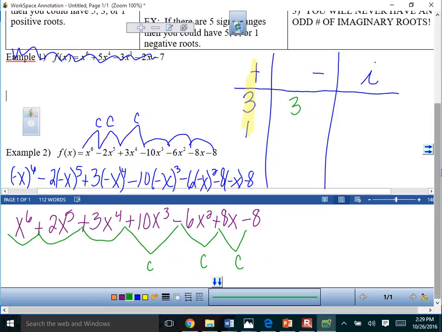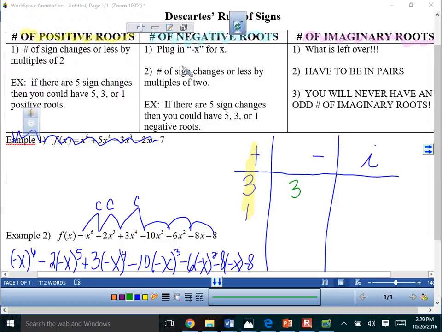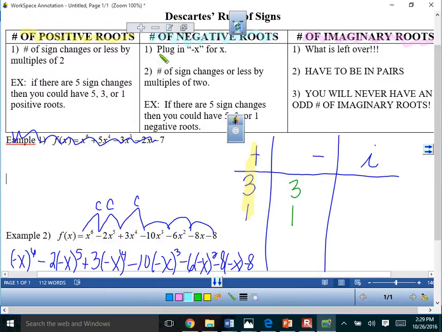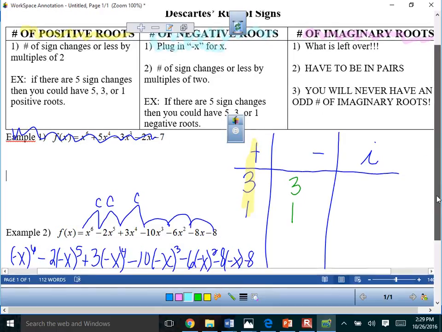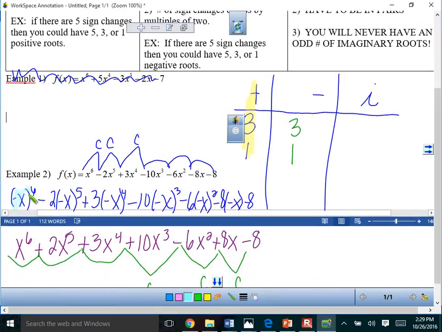But as we can see from our table above, the number of negative roots is the number of sign changes or less by multiples of 2. So 3 is the number of sign changes or less by multiples of 2, which means we subtract 2. So 3 minus 2 is 1. Okay? For the number of negative roots, the first thing we have to do is plug in negative x for x, which we did here.